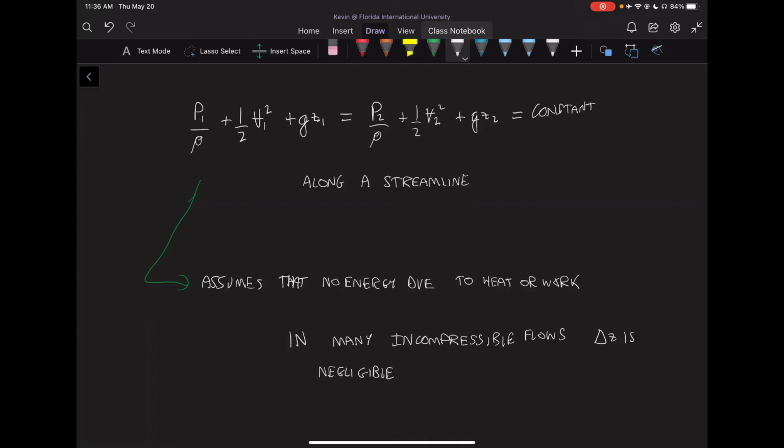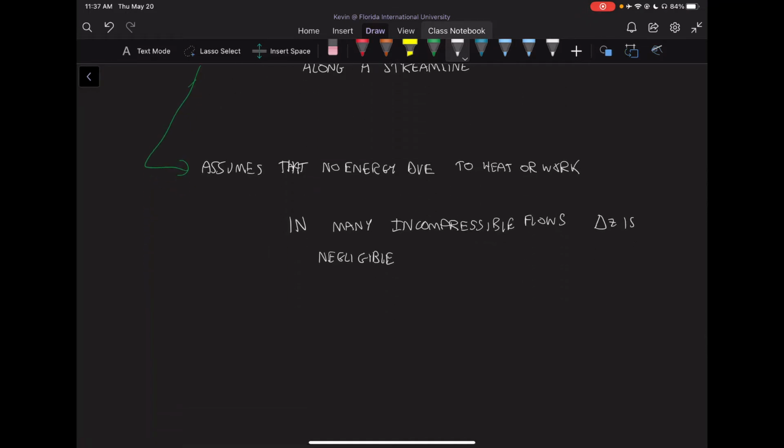The amount of energy that comes from pressure and the velocity terms is much higher than the change in height, especially if the change in height is 0.5 meter or 1 meter. If the change in height is bigger, then it can have a bigger effect. And if it's negligible, we can simplify this equation for some problems to be P1 plus 1/2 rho V1 squared is equal to P2 plus 1/2 rho V2 squared is equal to P0, which is equal to constant.